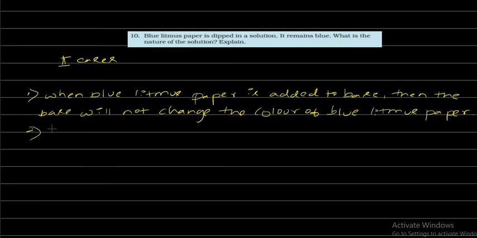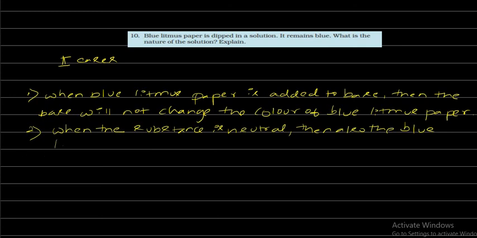And one more, when the substance is neutral, then also the blue litmus paper will not change its color.